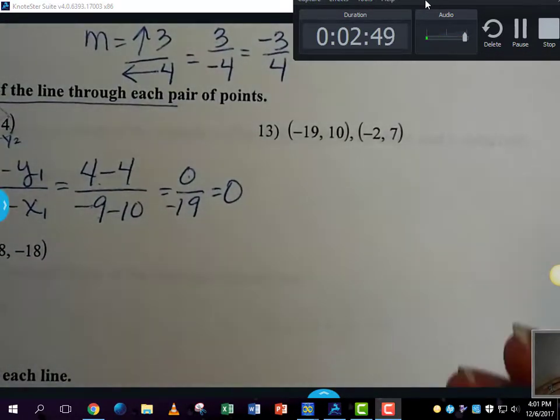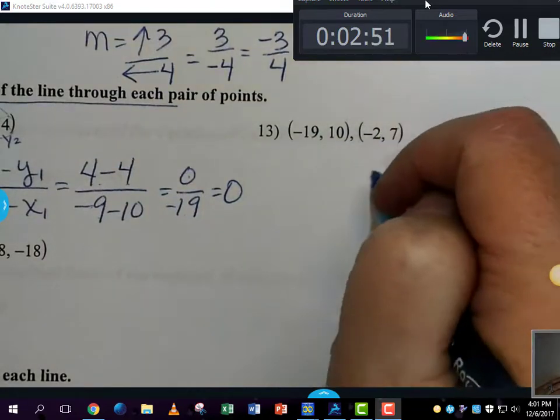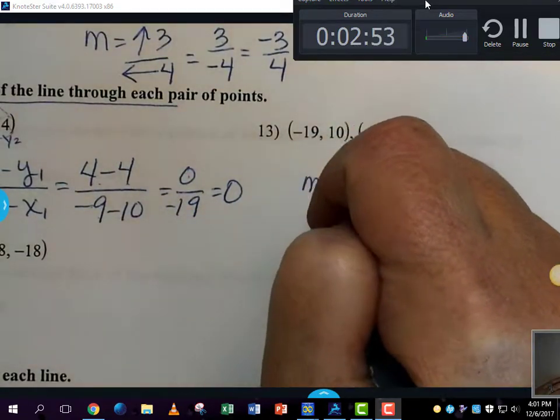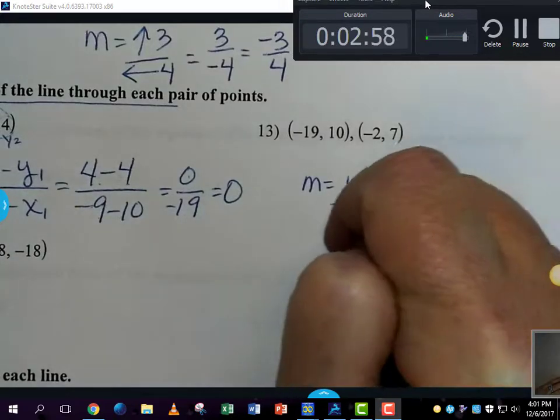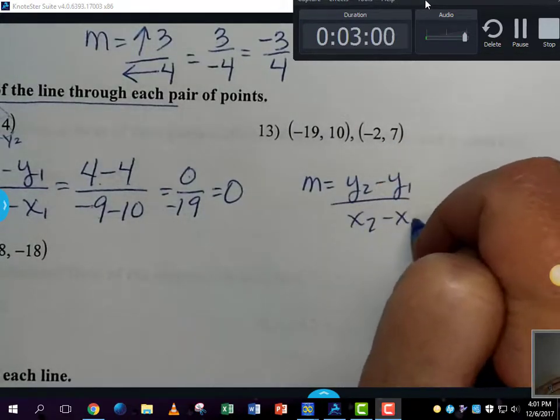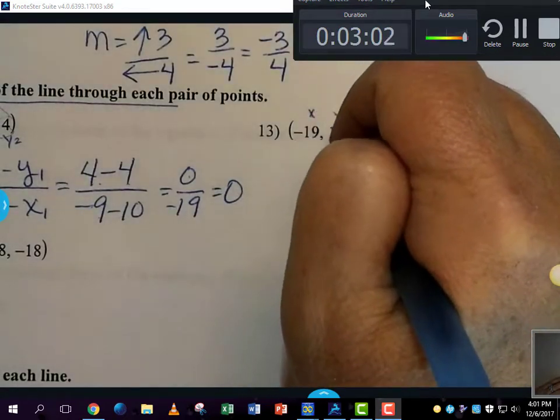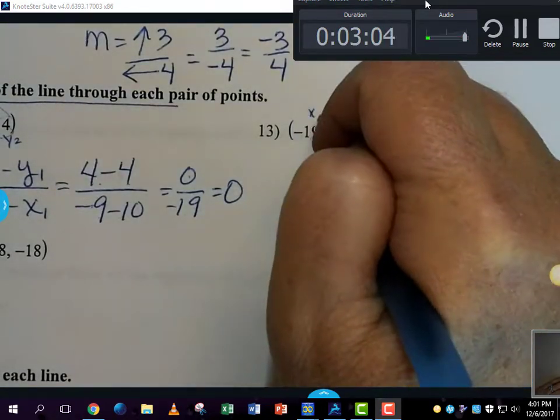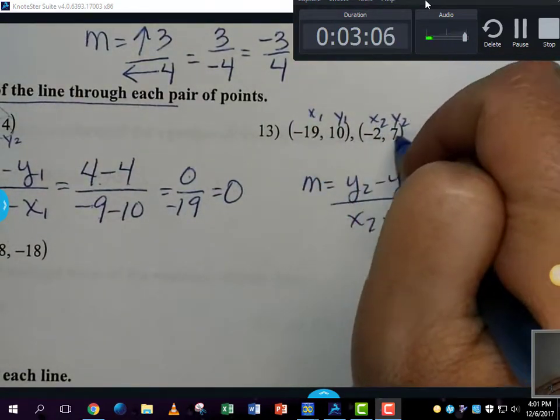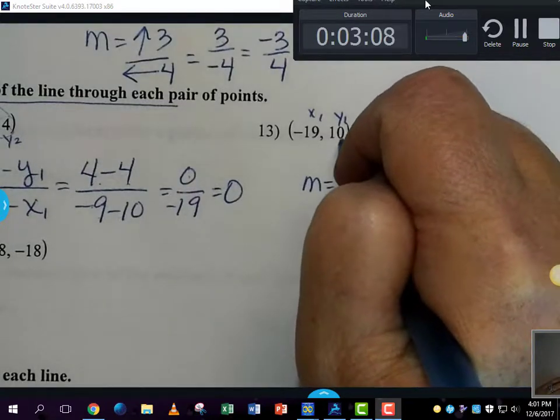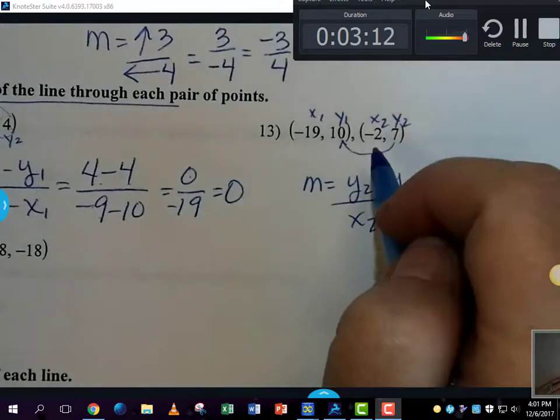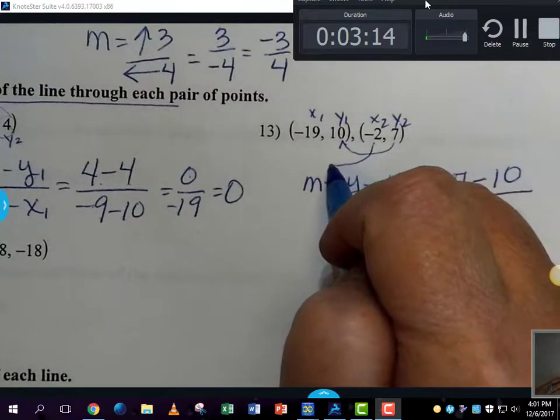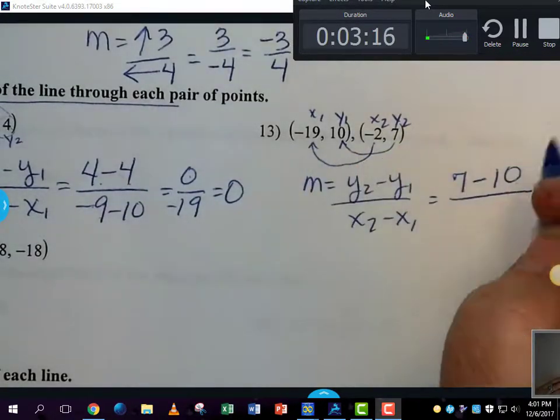Number 13, exact same process. M equals y sub 2 minus y sub 1 over x sub 2 minus x sub 1. So I have my x, y, my 1s, my 2s. I'm going to have 7 minus 10 divided by negative 2 minus negative 19.